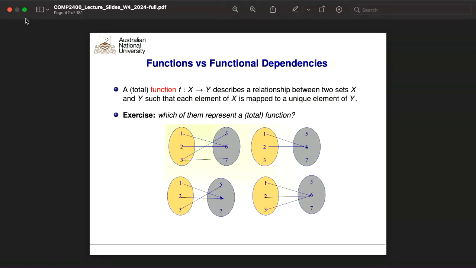Before we look into how this relates to functional dependencies, let's do a simple exercise. Here we have 4 cases. Which cases are total functions?